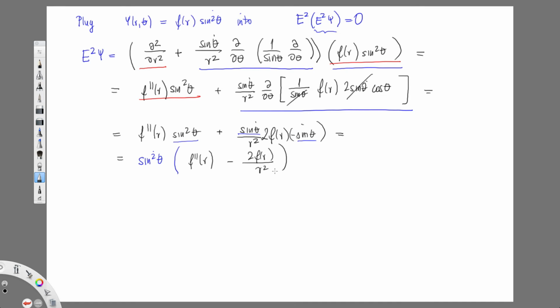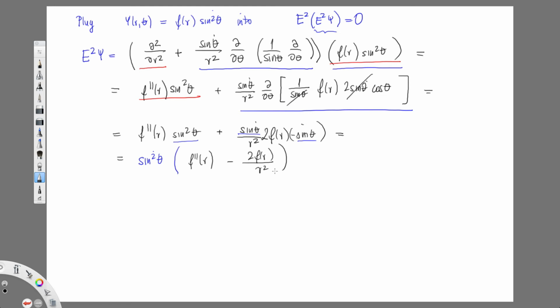So it appears, now I look at this as a formal operator, that when I have psi in the form above, E squared of psi pretty much does nothing to sine squared. That remains the same. And it operates only on the function of r as this.